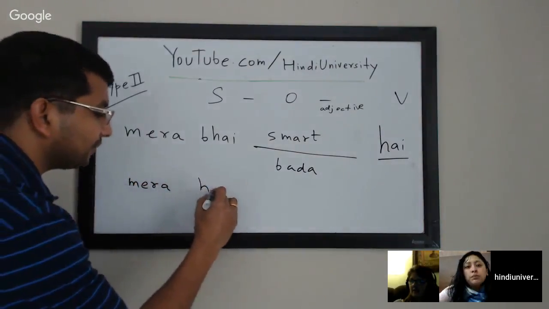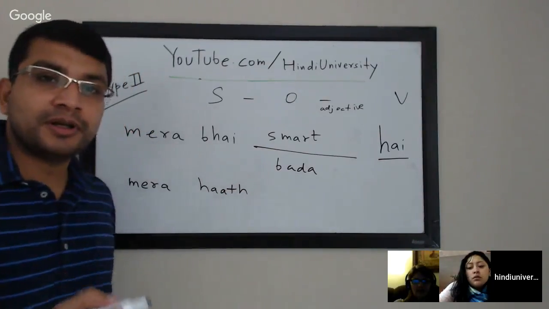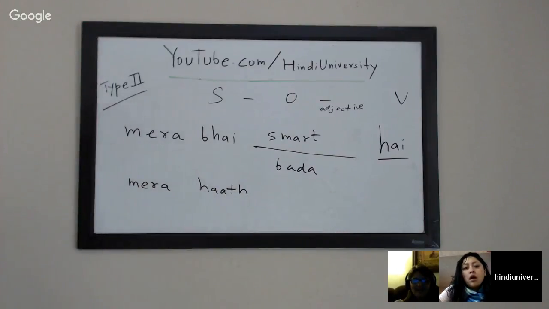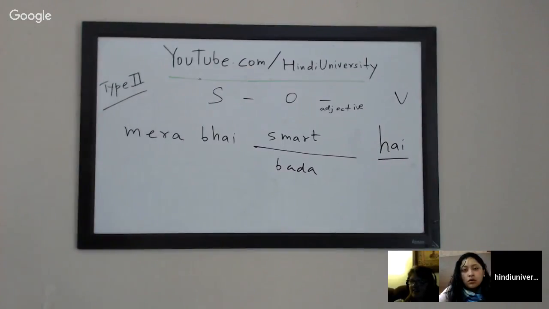Slightly different, because you're using a verb, to break, right? We have not gone there yet. I've not really used verbs so far other than hai. So right now we're only using for the most part adjectives. Okay. So mera bhai smart hai, right?